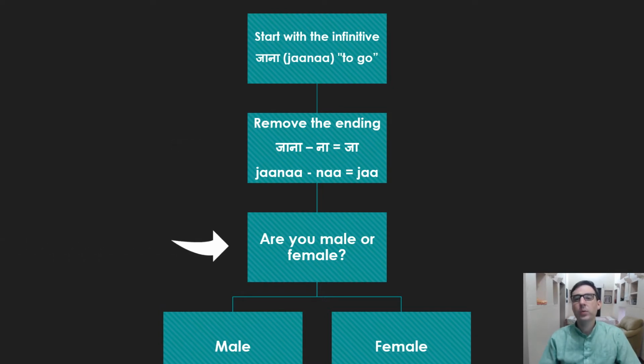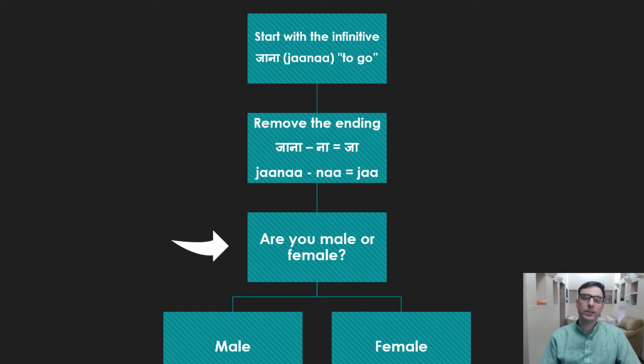And again, we want to ask the question, are you male or female? This is because when we are using the pronoun main in Hindi, the verb ending is always going to agree with the gender and the number of the subject.